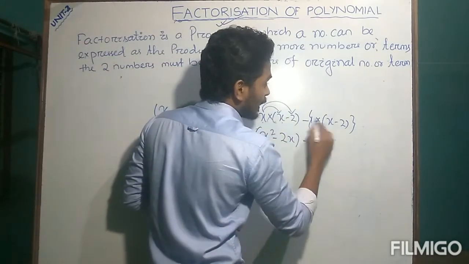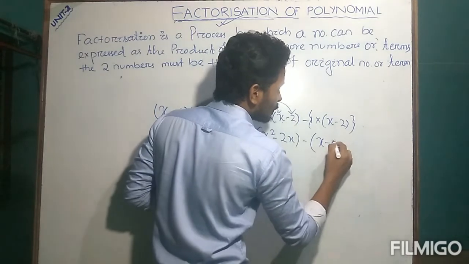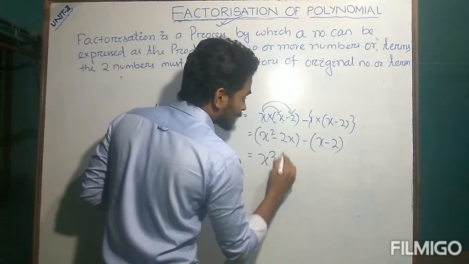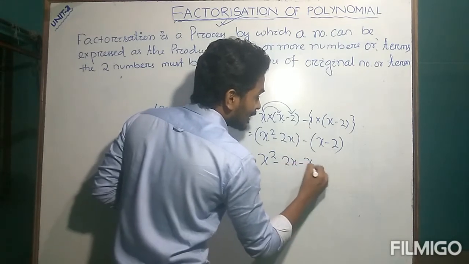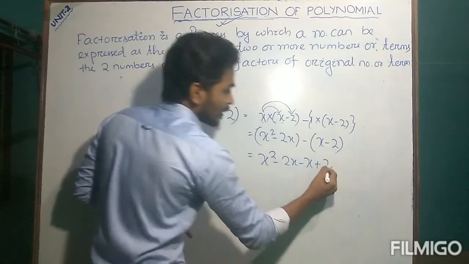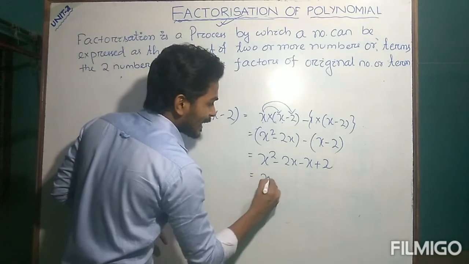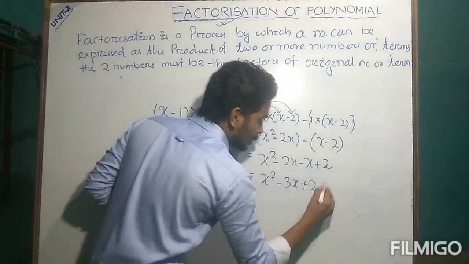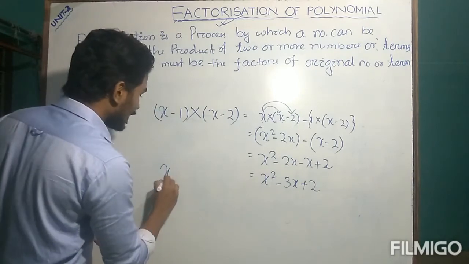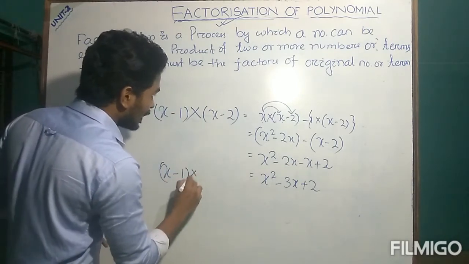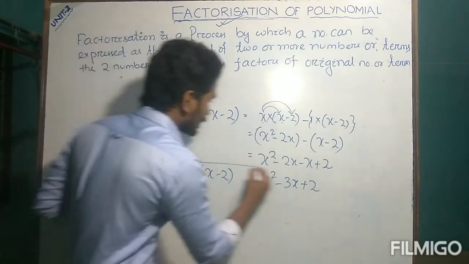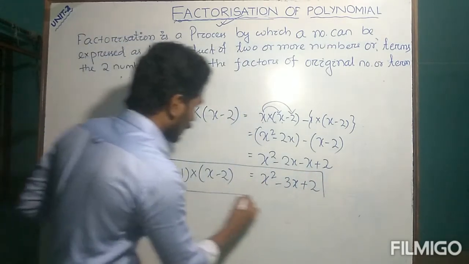Then minus 1 into x is minus x, and minus 1 into minus 2 is plus 2. After opening the bracket we have x square minus 2x minus x plus 2, so x square minus 3x plus 2. This is the final product.